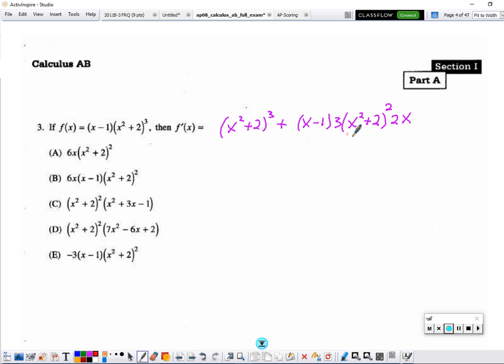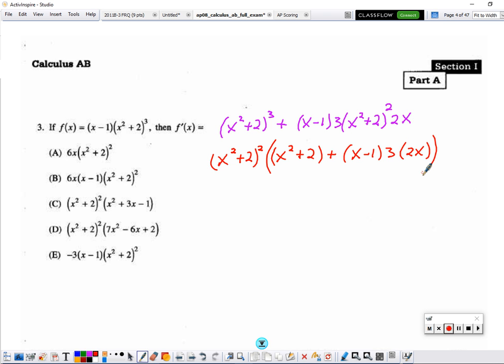There are 2 common factors here, so that's what gets factored out: x squared plus 2 squared. This divided by this leaves x squared plus 2. This divided by this leaves x minus 1 times 3 times 2x.